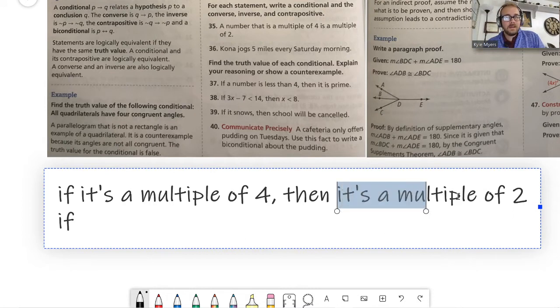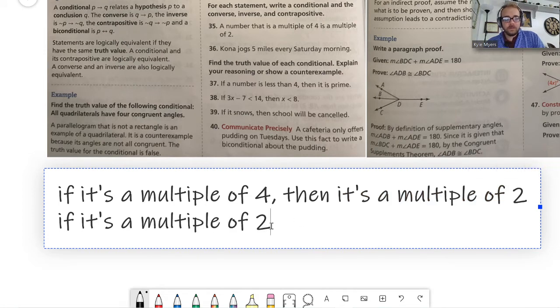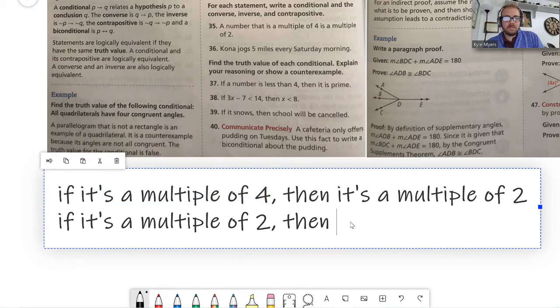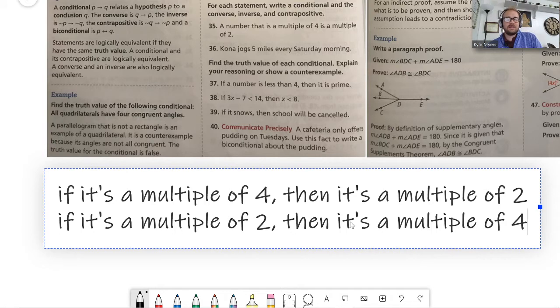If it's a multiple of 2, then, oh, that's not how you spell then, watch this, boom, hypothesis becomes the conclusion. Ta-da!